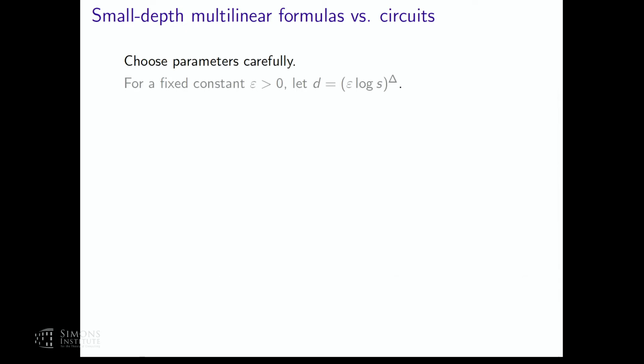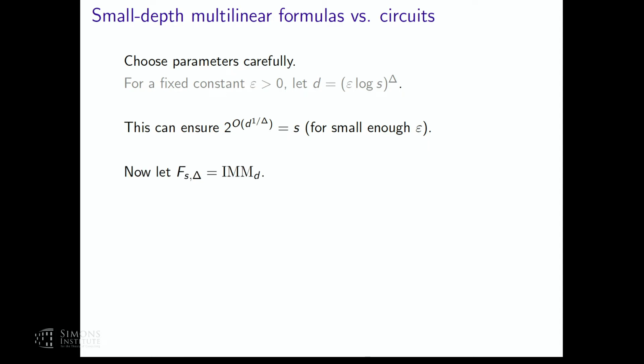There is some parameter setting that one can do, which is careful but not difficult, which can ensure that the S that we are dealing with is 2 to the order d to the 1 by delta. Now let the S delta polynomial be this IMM_d, where d is chosen so.